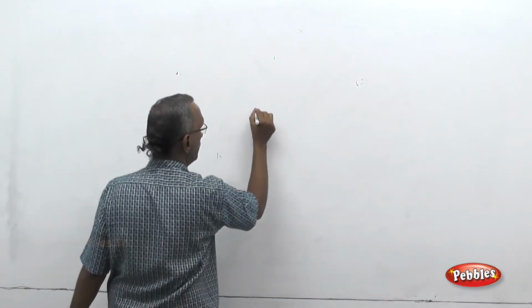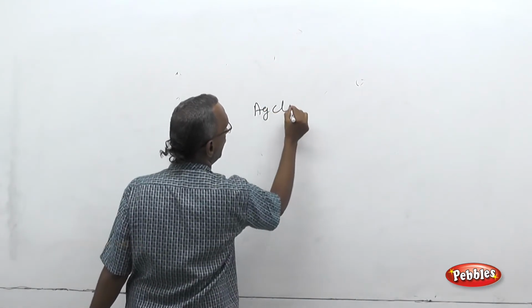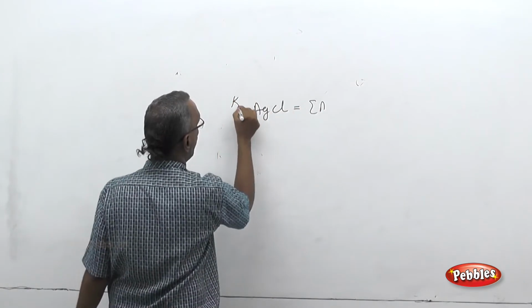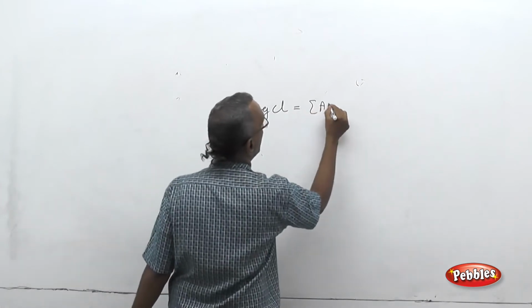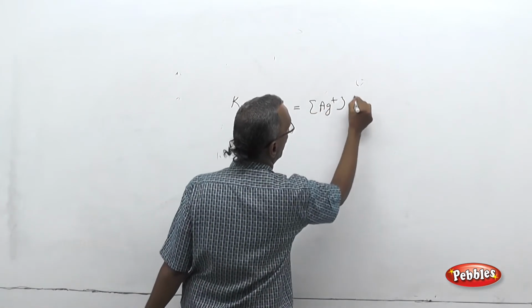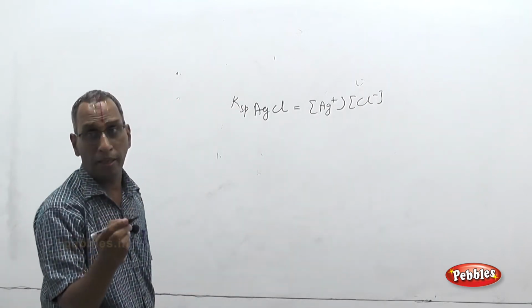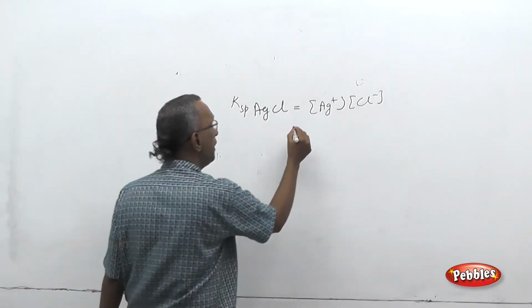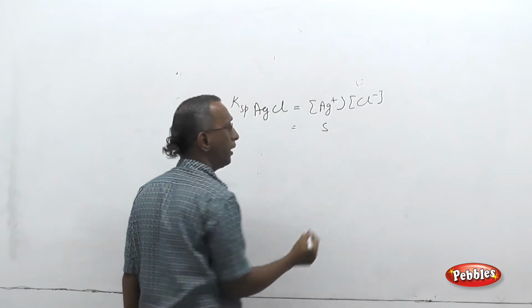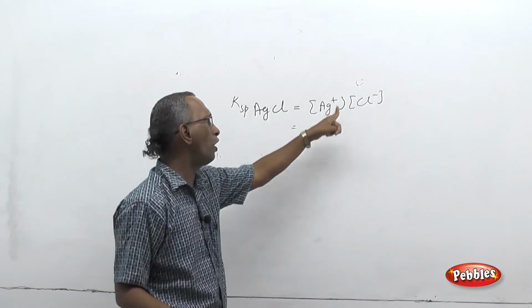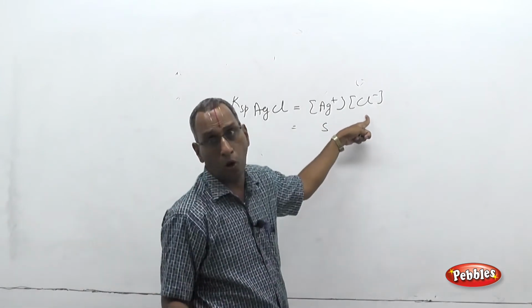Let us illustrate with AgCl. The solubility product of AgCl is the concentration of Ag+ into the concentration of Cl-. We don't know the solubility. Let us assume capital S is the solubility. So S moles soluble means they form S moles of silver ion and S moles of chloride ion.